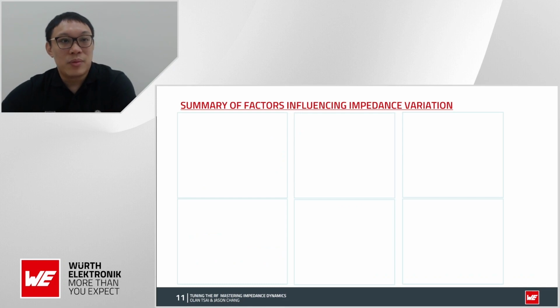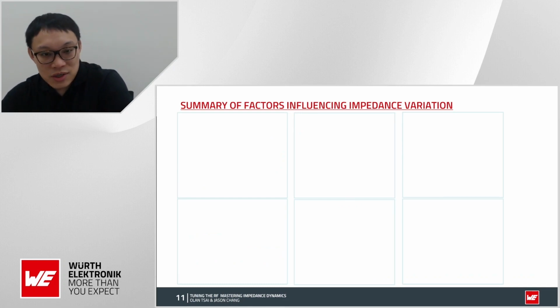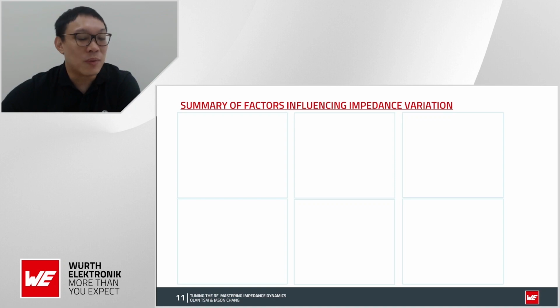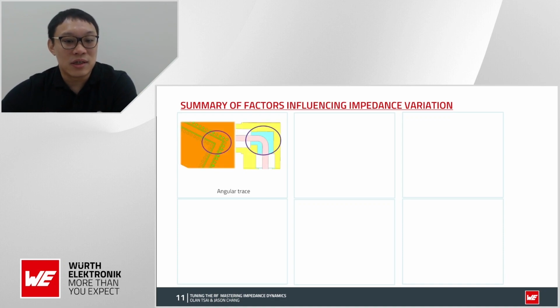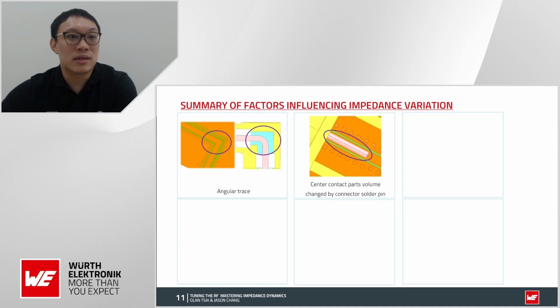Alright, before we move to the next pages, let's do a small summary of the factors that will influence the impedance. First is the angular traces, either on the PCB or inside a connector. Second is the center contact part area, that when the center pin touches the PCB, this is something you need to focus on because problems can occur.